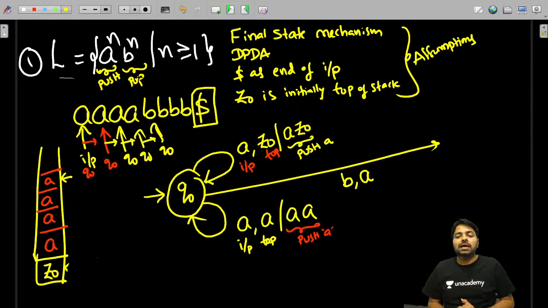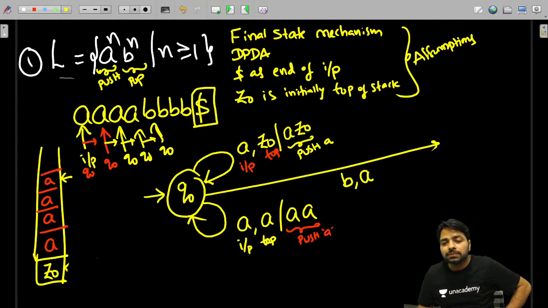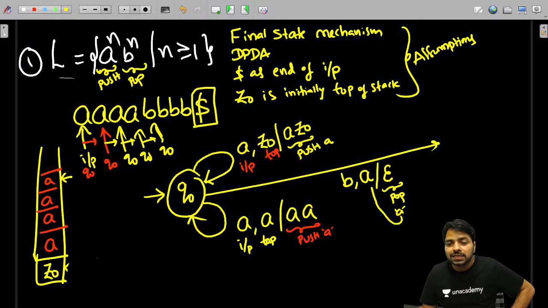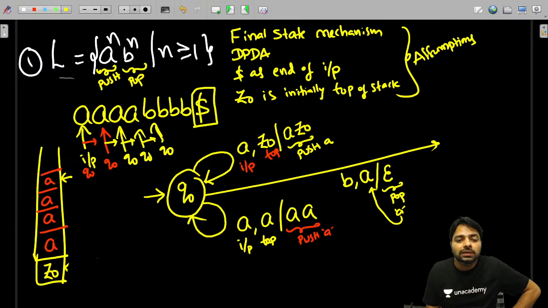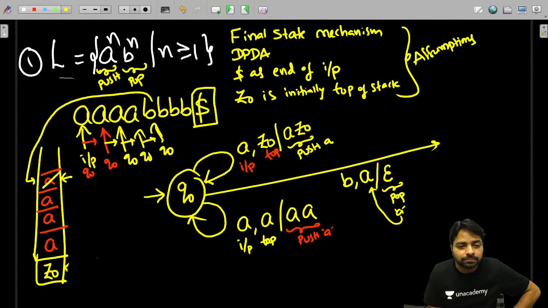How do you do that? Every B pops one A, guys. That is B comma A slash epsilon. Epsilon says pop, but which symbol? Whatever you are looking at, this is a pop. Everybody, pop A. So now this B is going to pop one A.